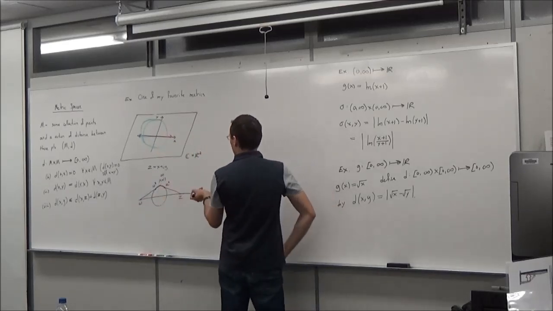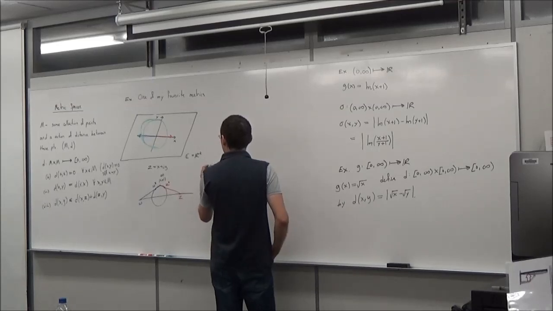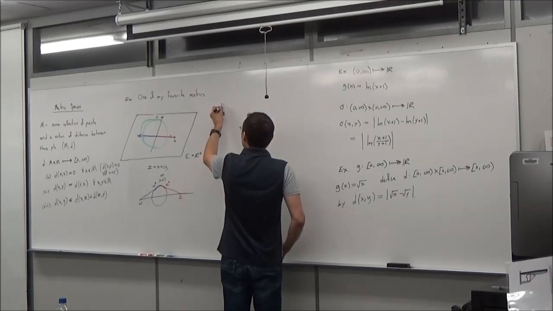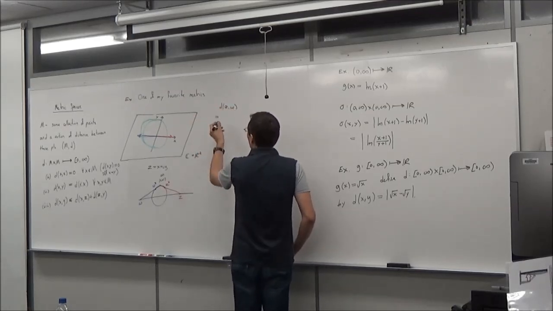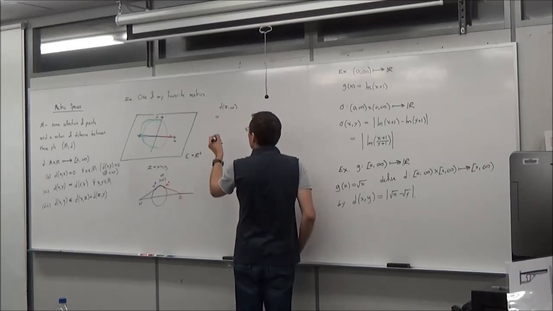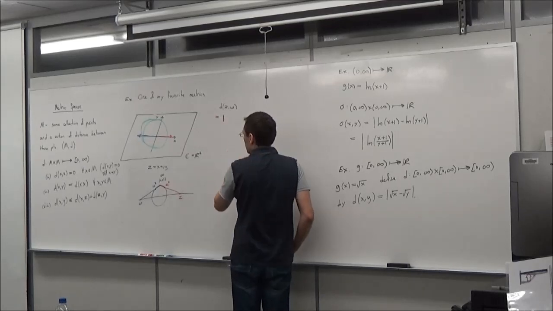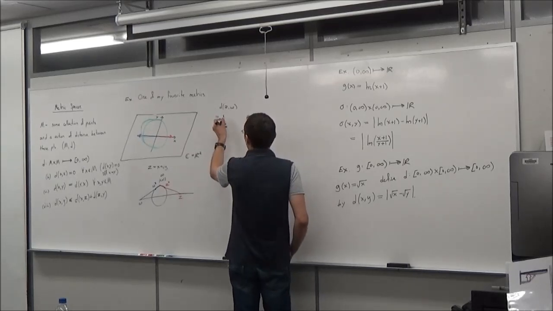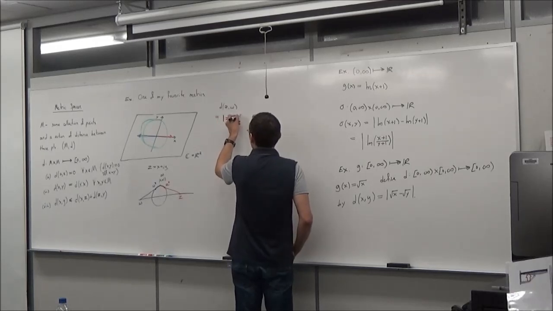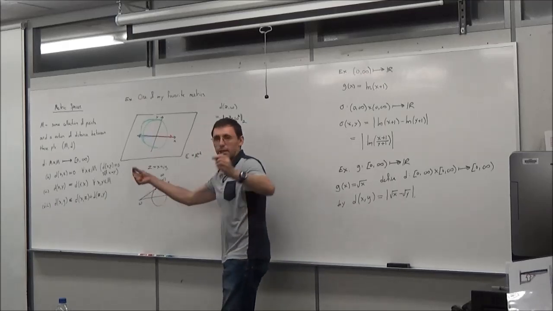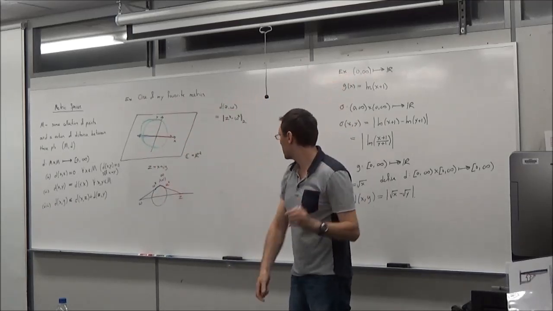So the distance between Z and W is really the three-dimensional distance, the norm of the point Z star minus W star in three-dimensional space. In other words, I take those two points that are floating in R3.